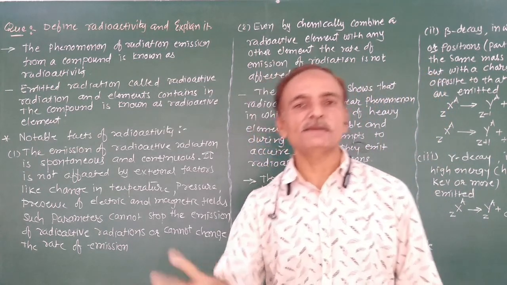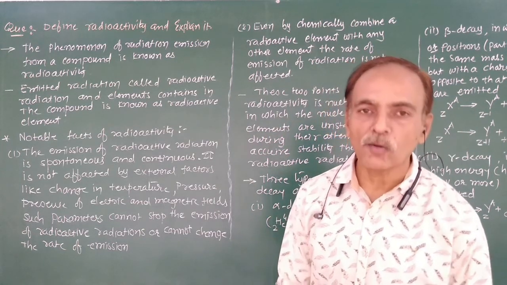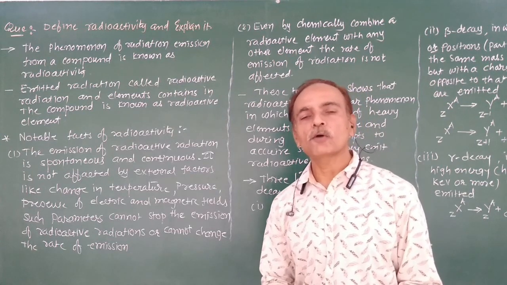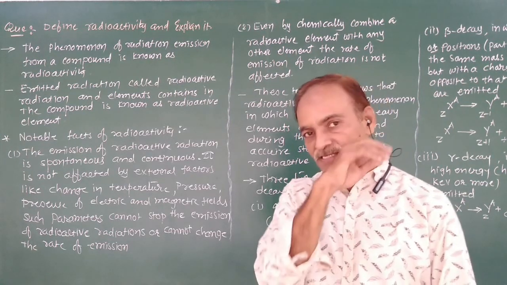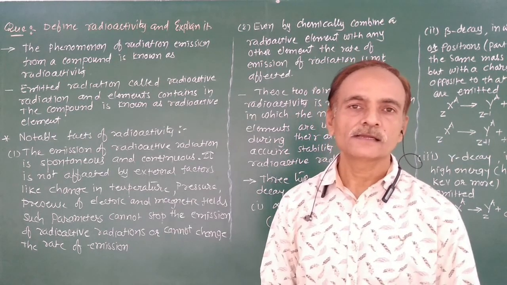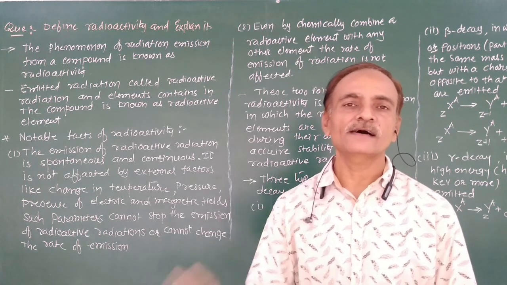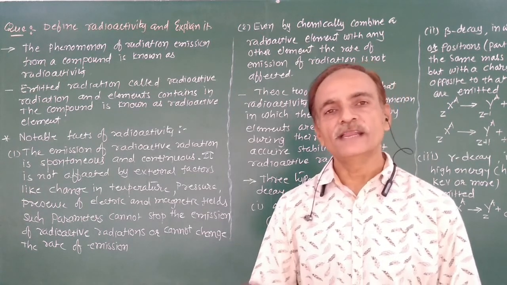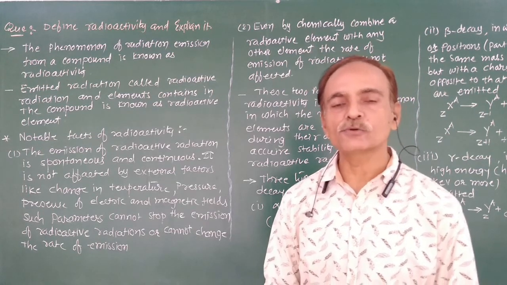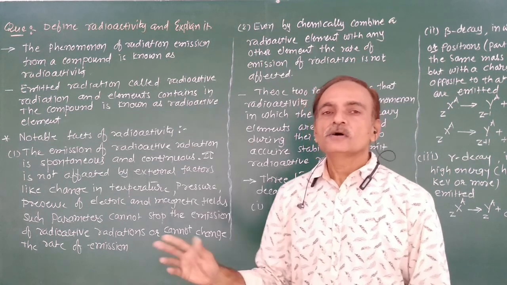To get stability, they radiate energy either in the form of alpha particles, that means helium nuclei, or in the form of beta particles, that means electrons or positrons, and some nuclei radiate energy in the form of photons, that means gamma rays, and try to attain stability.